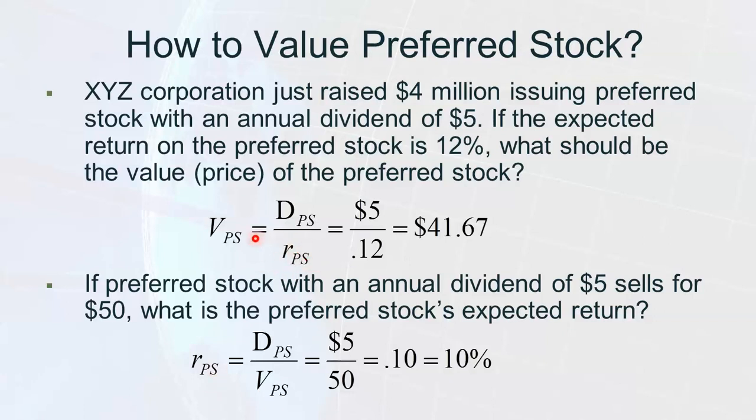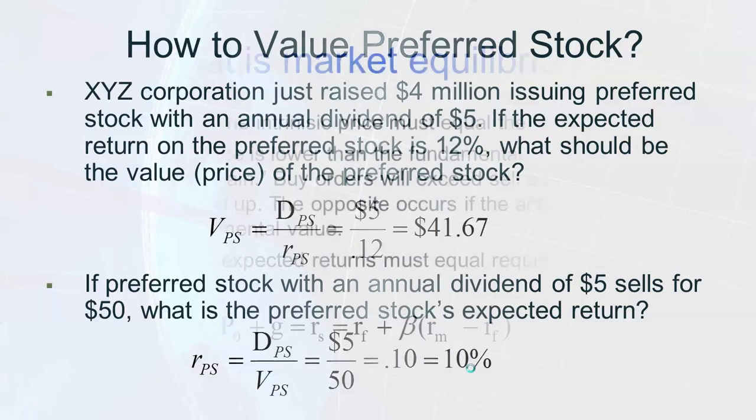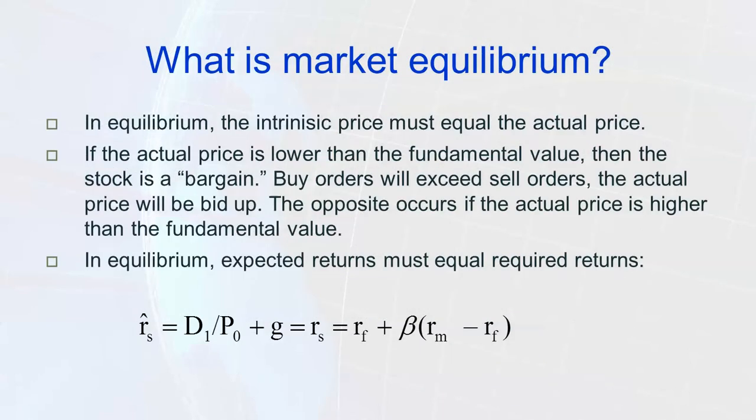Basically it's just cross multiplication. The rate of preferred stock equals the dividend of preferred stock divided by the value of preferred stock. So 5 divided by 50 equals 0.10, which is 10%. That's how we can find the value of preferred stock.